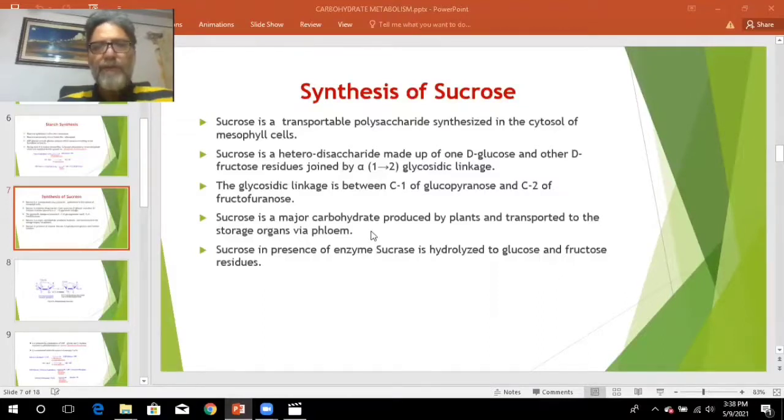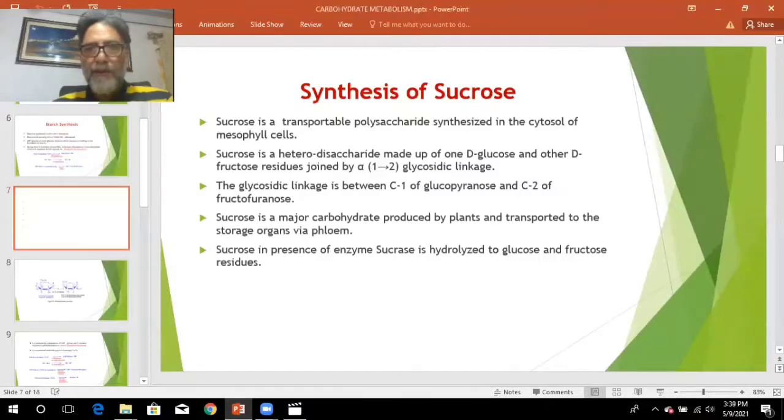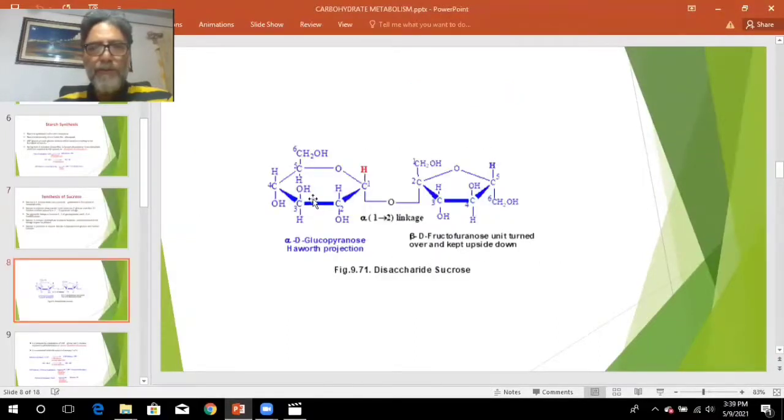Sucrose, in the presence of the enzyme sucrase, is hydrolyzed to glucose and fructose residues. Now let us understand the chemical structure of sucrose. It has two units linked by a 1,2 linkage: one is D-glucose, and one is fructose.